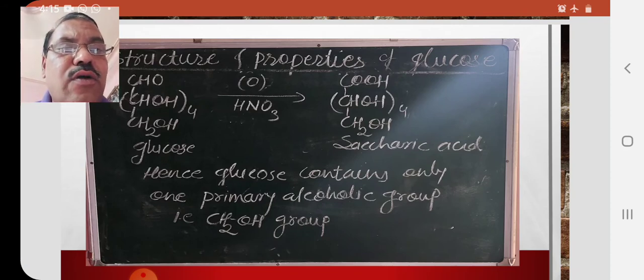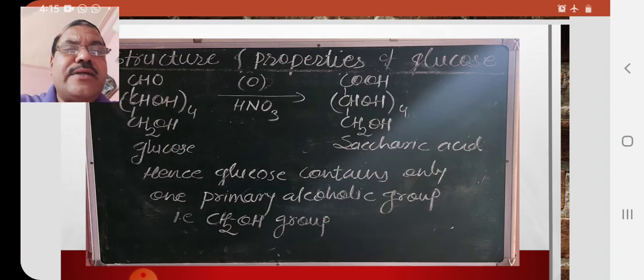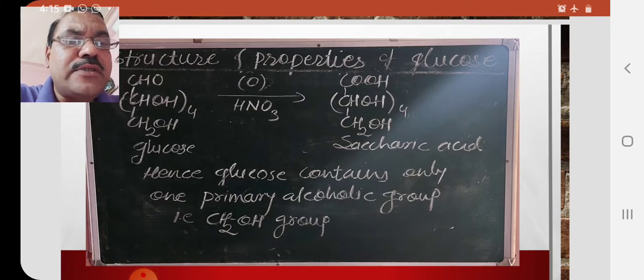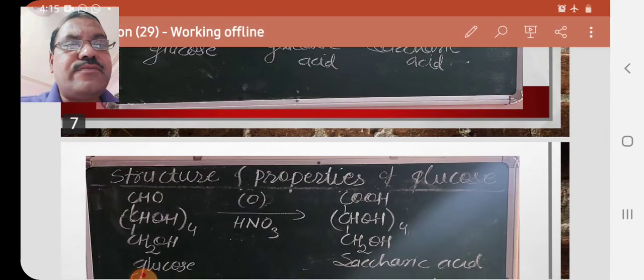Nitric acid is a strong oxidizing agent. Saccharic acid is formed. The structure of saccharic acid is COOH, CHOH four times, and again COOH. Hence glucose contains only one primary alcoholic group, that is the CH2OH group.